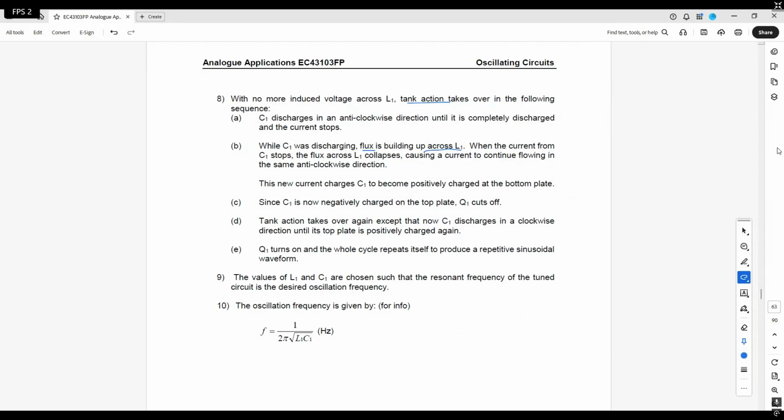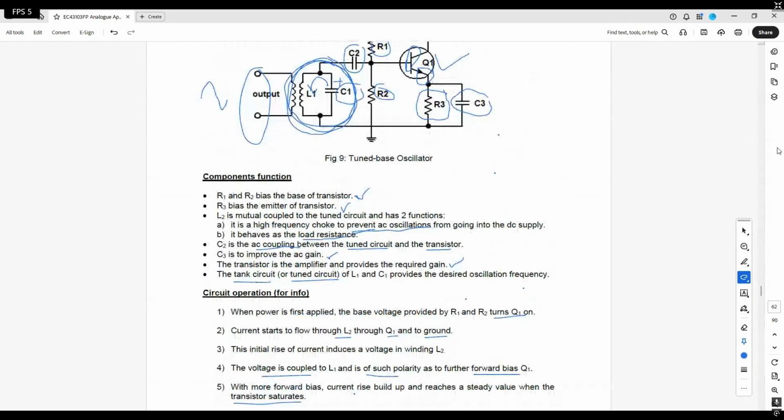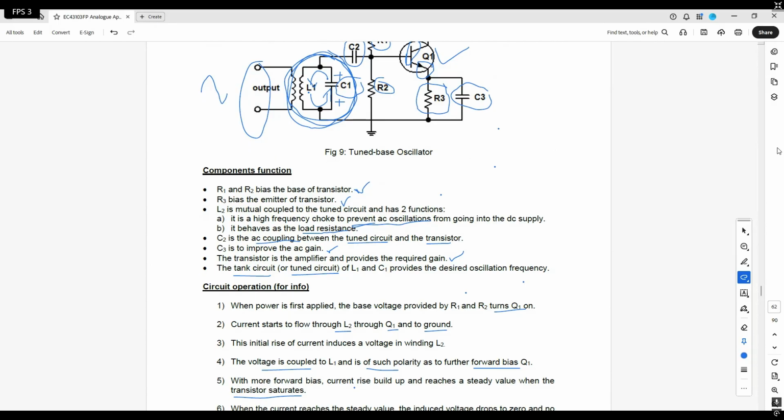All right, so what they're trying to tell you is that when the magnetic field across L1 collapses, the current will continue to charge the capacitor this way. So just now it was the top plate, now it becomes the lower plate that is positive. And then opposite, okay? So-called the polarity has changed. That's what it means.